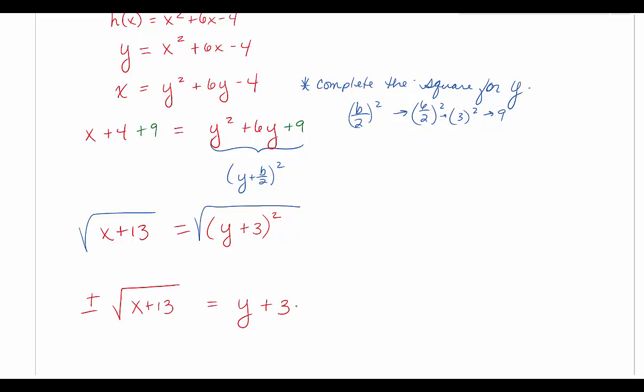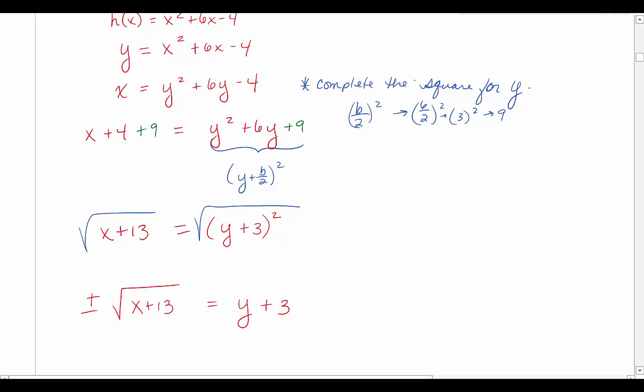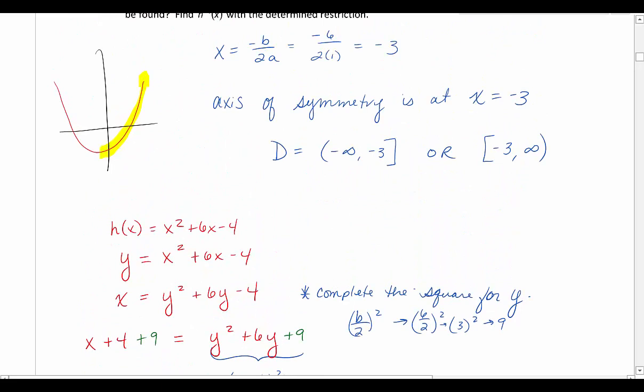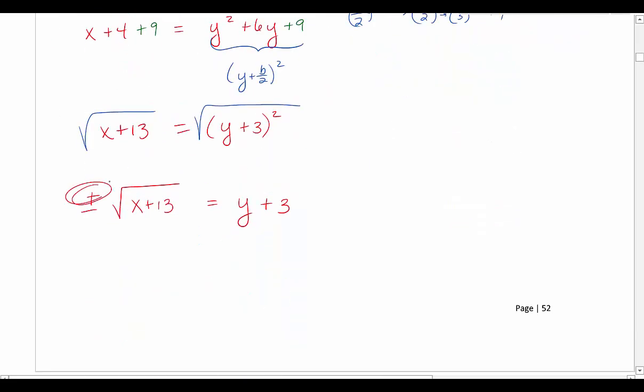You only want one of them, and the one you want is the one that should be corresponding with your domain. I would choose the positive side for my domain, so I'm going to choose the plus and throw out the negative.